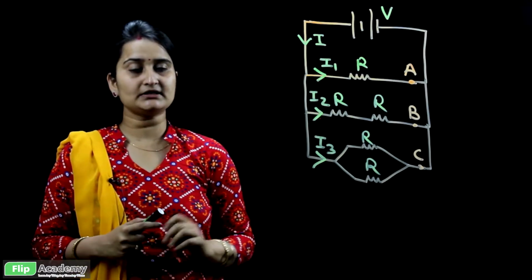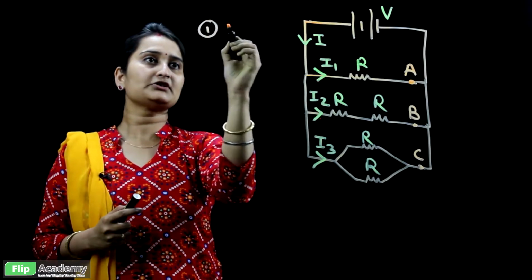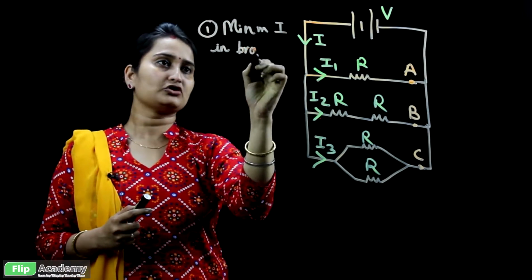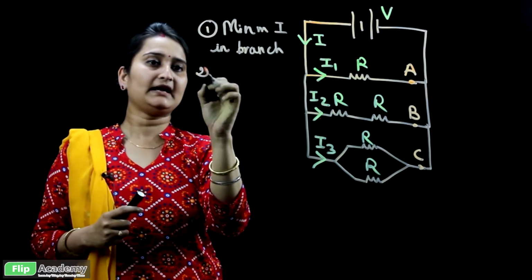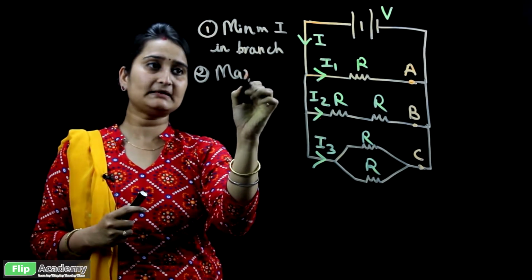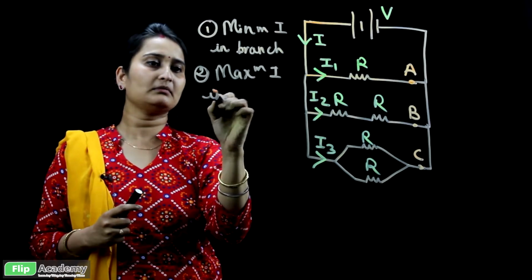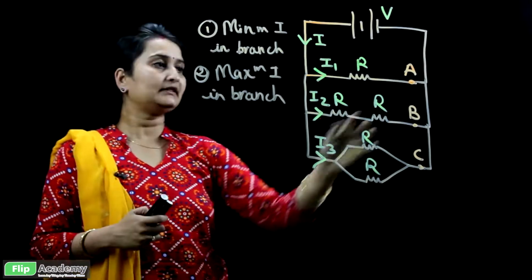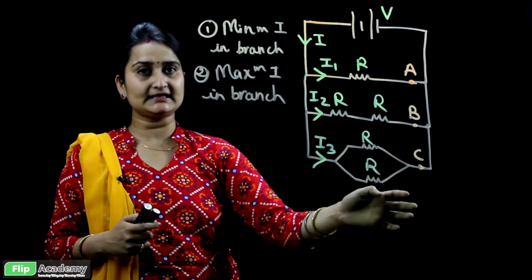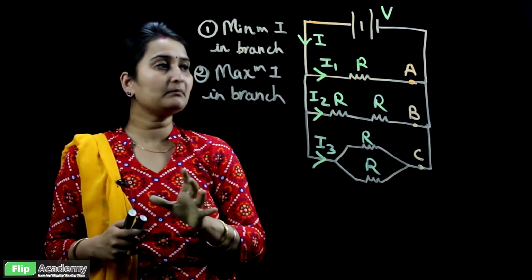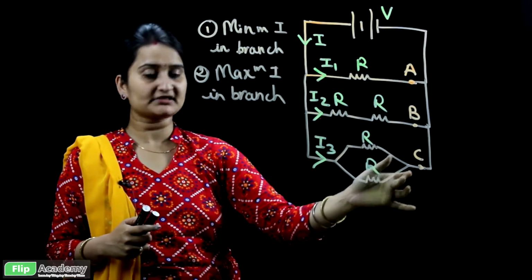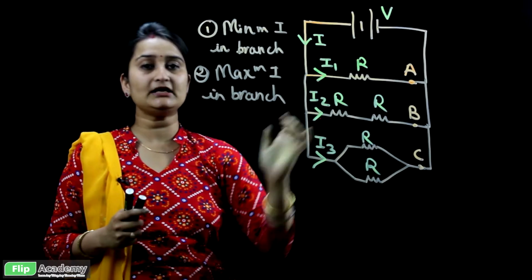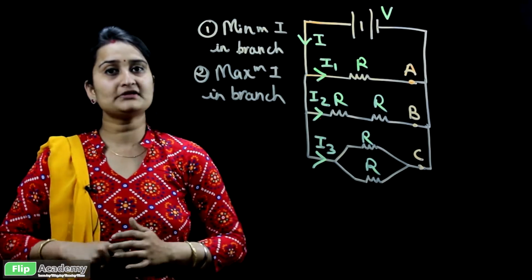This is your question. You have to find the minimum current in a branch, that is A, B or C. And next you have to find the maximum current in a branch. These are the 2 questions. There are 3 branches A, B and C. How will you solve it?